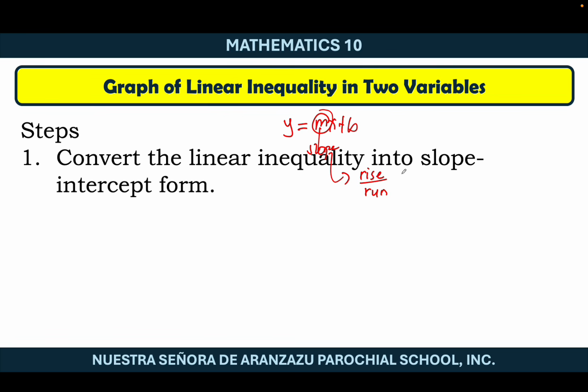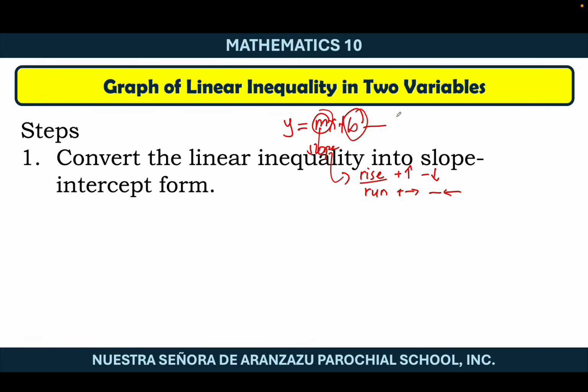For rise over run, if the numerator is positive, it goes up, or moves upward. If the sign of the numerator is negative, it will move downward. For the run, if the sign is positive, you move to the right, and if the sign is negative, you move to the left.